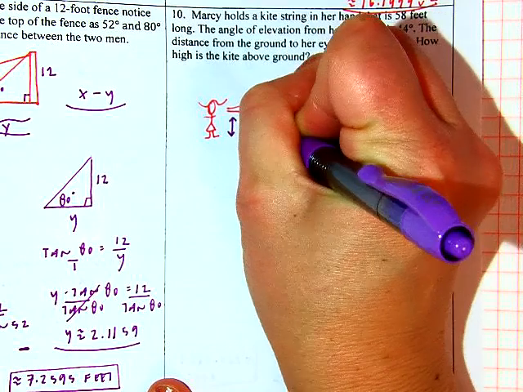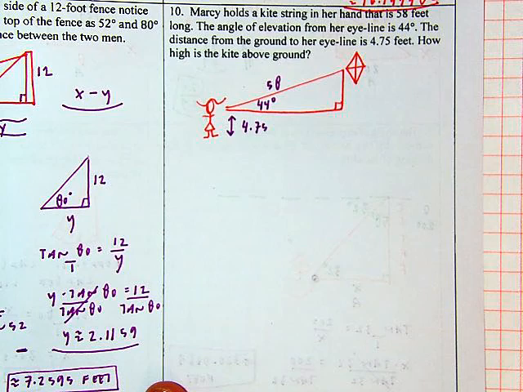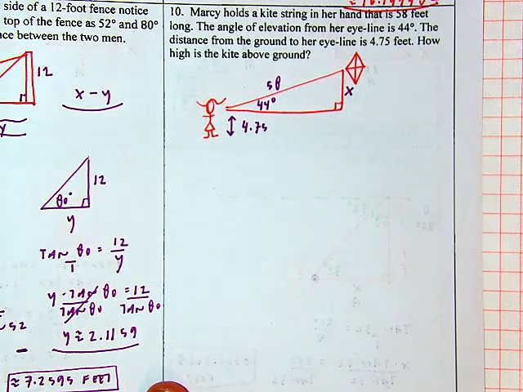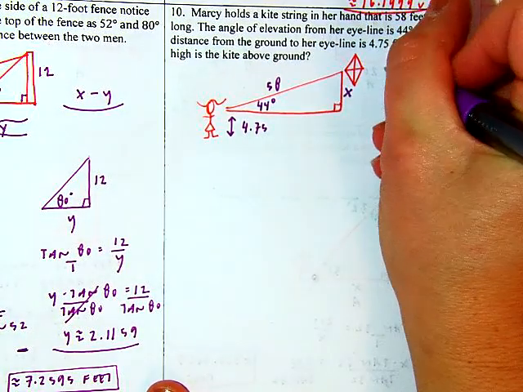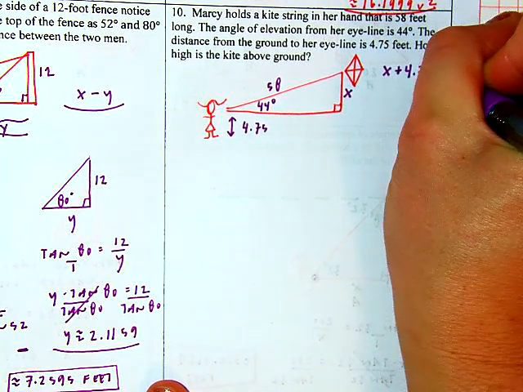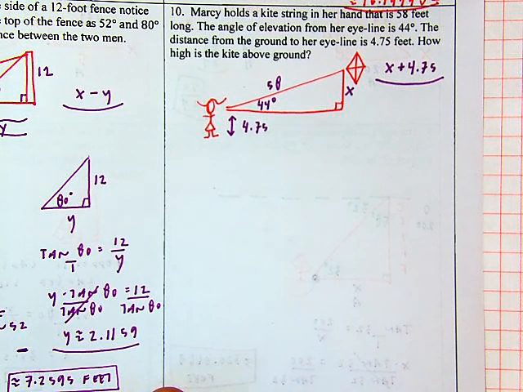So I have to add in that detail right there. Ultimately, I want how high the kite is above the ground. So I can solve for this part. I could call that x, but ultimately, my total height above ground will be x plus 4.75. So I'm just keeping my eye on the prize, right? What is it I'm ultimately trying to get to? All right, let's get to x.